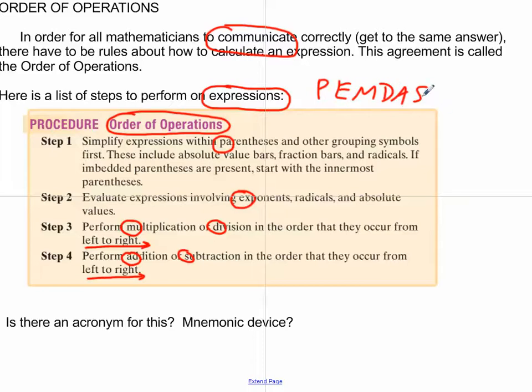That's the way a lot of people have probably seen it written. I prefer to write it this way: PEMD with an arrow, AS with an arrow, because you do the parentheses, you do exponents, and then multiplication and division left to right as you see them, addition, subtraction left to right as you see them.